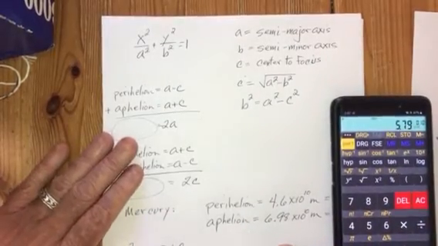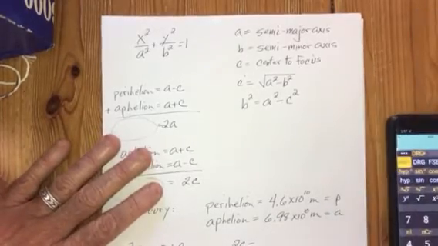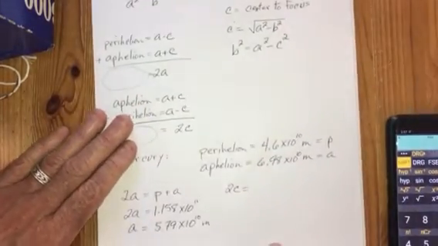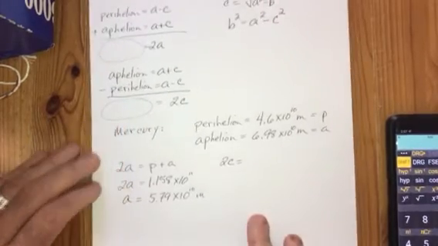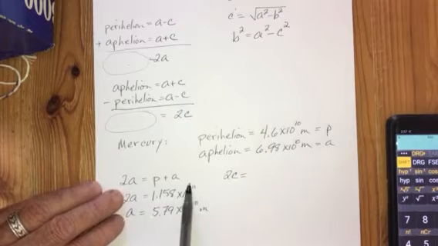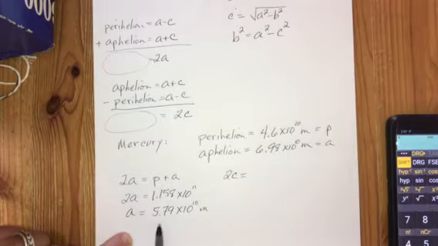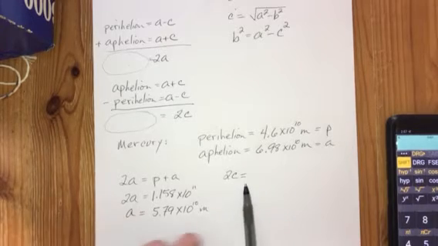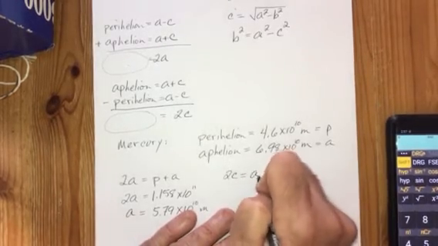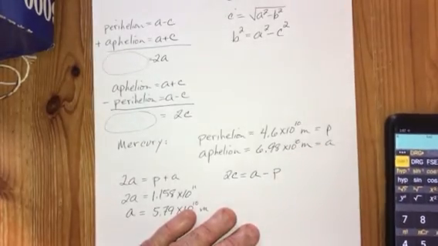Now the other answer we need is going to be 2c, and just to review in case that went off the screen, 2a was P plus A, which turned out to be 1.158 times 10 to the 11th, then we divide by 2, and this was the number that we got for the semi-major axis. Now on the other hand, 2c is going to be the aphelion distance minus the perihelion distance.